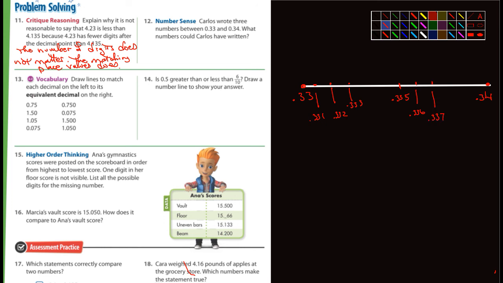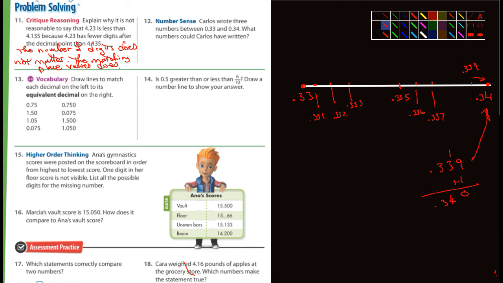And then right about here, we're going to get to 0.339. When we add 1 to the 9, 0.339, if I add 1 to that, which is going to be the 0.34, the 9 becomes what? Becomes 10. So I could put down a 0 and I add 1 here, so it becomes 0.34.